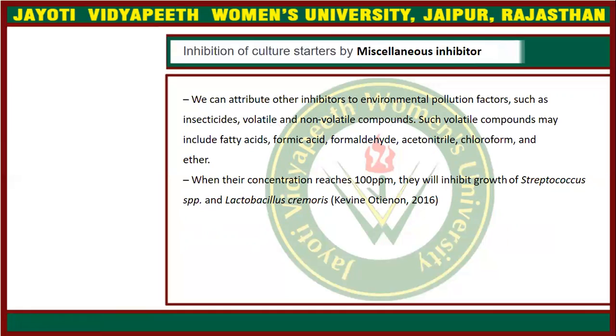Volatile and non-volatile compounds can also inhibit the growth of microbes. Such volatile compounds may include fatty acid, formic acid, formaldehyde, acetonitrile, chloroform, and ether. These chemical agents present in the normal environmental pollution vector can inhibit the growth of microbes involved in the fermentation process.